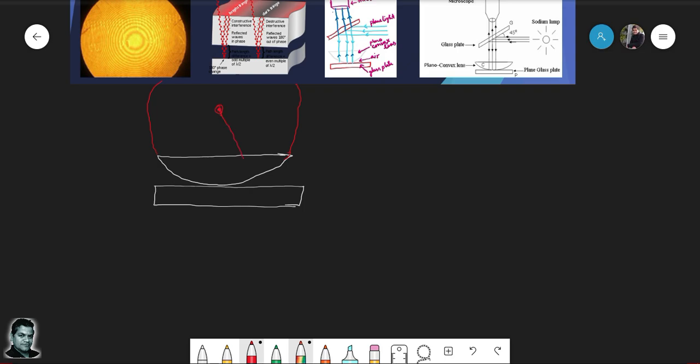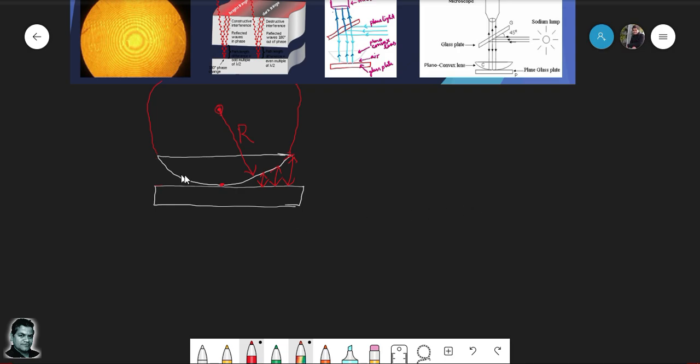Let's say this is the center of the curved surface, so this is the radius of curvature. This radius of curvature is taken to be very, very large, so that in a real experiment this curve would be very flat and more or less the same as a plane surface. So this thickness becomes very, very small. The thickness is largest at the edge of the plano-convex lens and 0 at the center where it touches the lower glass plate. That's how a wedge-shaped thin film is formed.